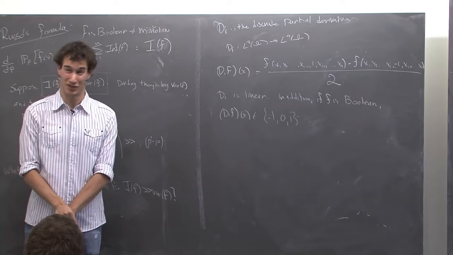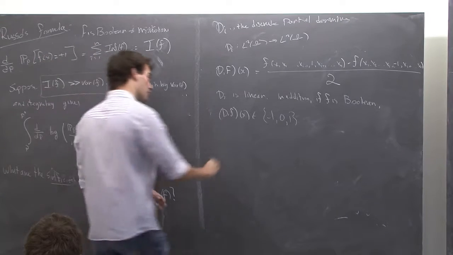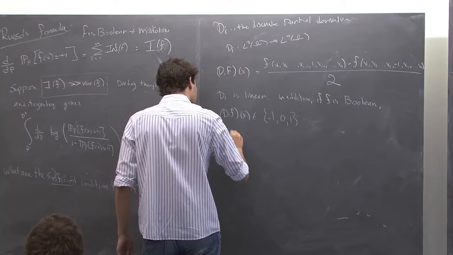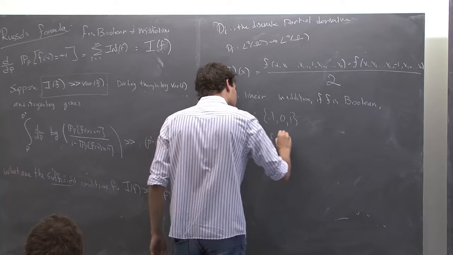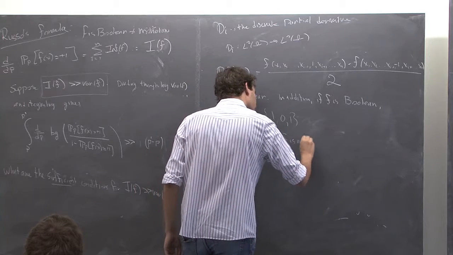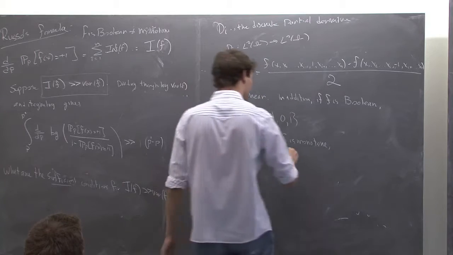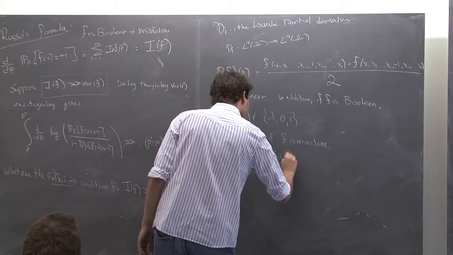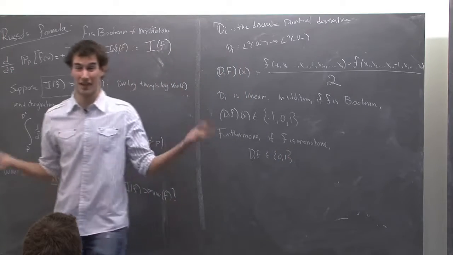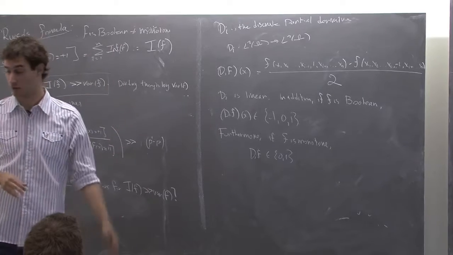So it's not a Boolean function itself, unfortunately, but it's pretty close. Furthermore, if f is monotone, it's in fact only 0 or 1, because you can't have a negative derivative by just increasing coordinates for monotone functions.